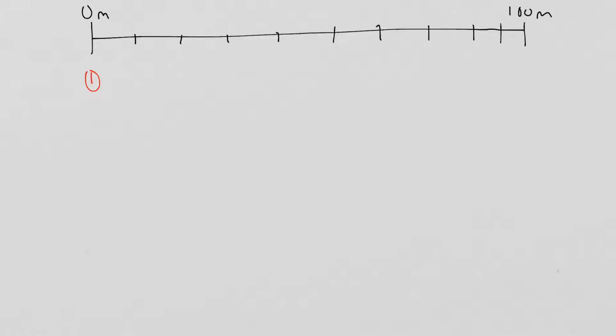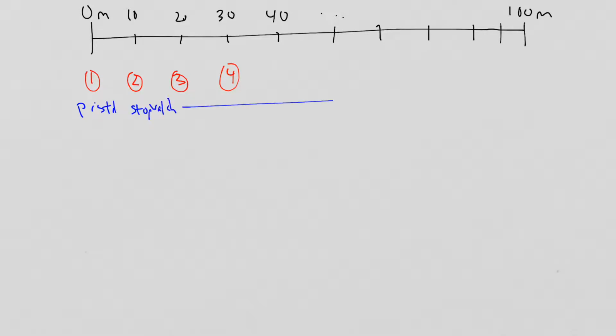It's hard to do. So this is 10, 20, 30, 40, etc. And I put student 2 right here with a stopwatch, student 3 with a stopwatch, and so on. And I'd give the first student a pistol, and the rest of them would get stopwatches all the way down.